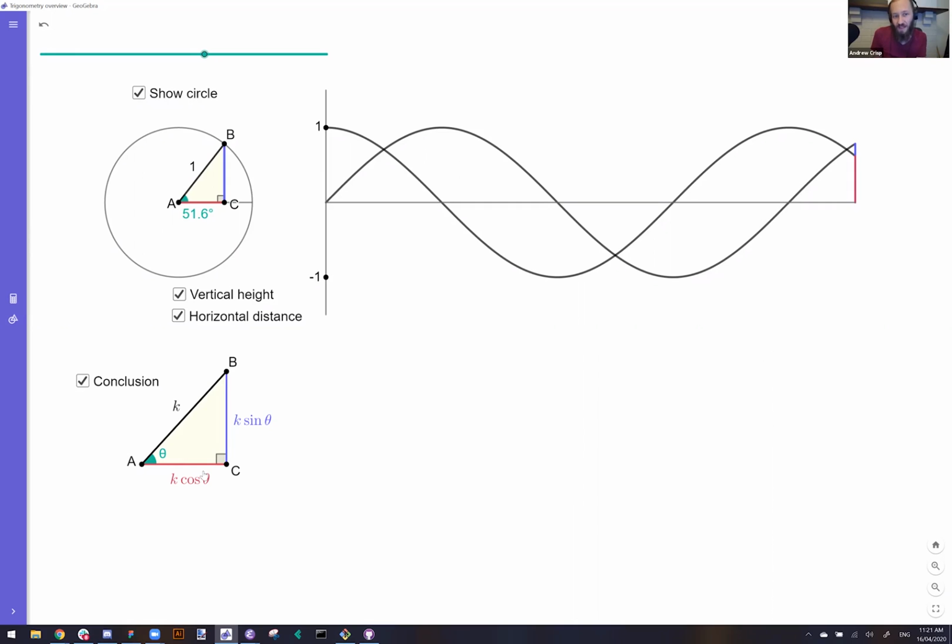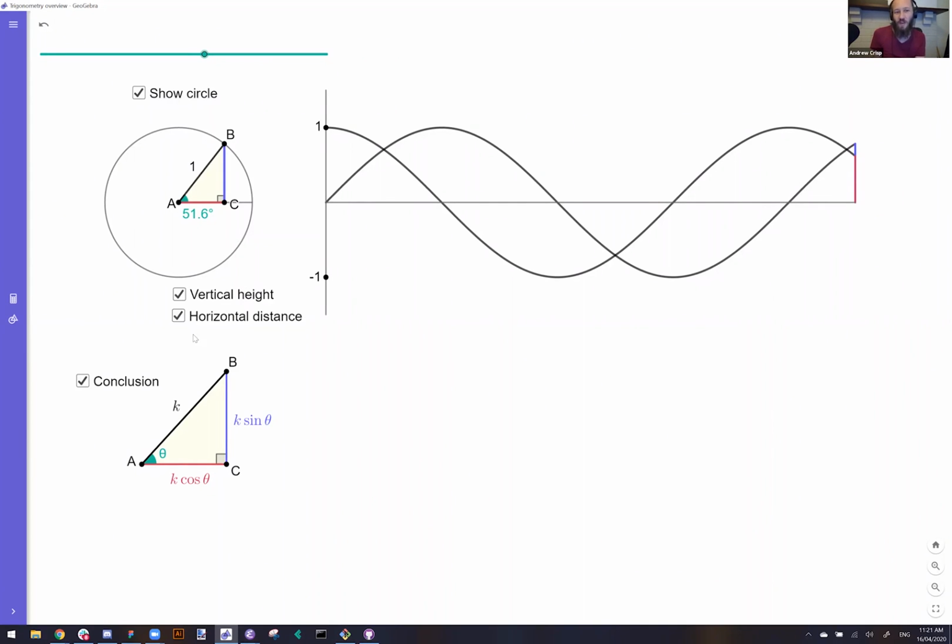And red is the horizontal distance, and that's cos theta. After these 15 minutes, I'm sure you'll go back to pressing the sine button and the cos button on your calculator. But what it really means is, when this is an angle, how tall is the triangle and how far across is the triangle? That's what these thetas mean.